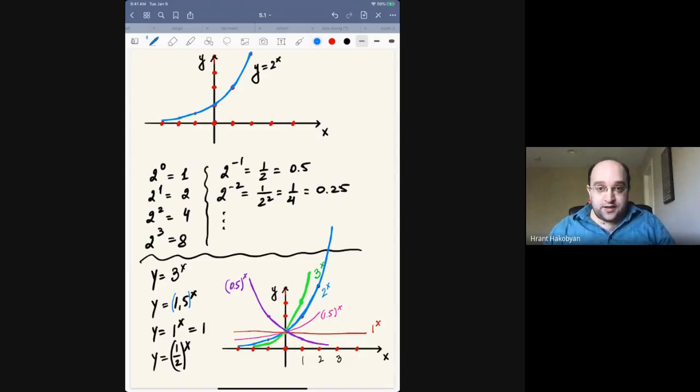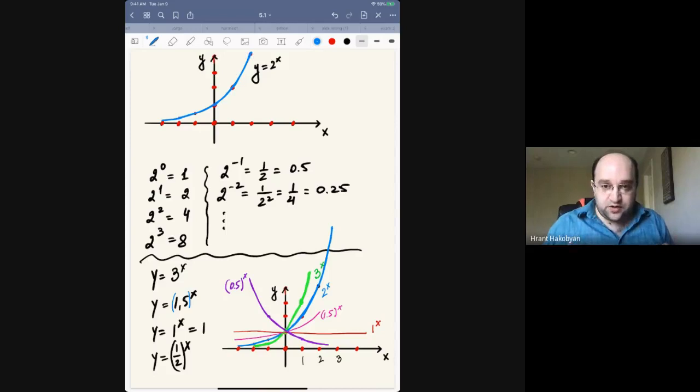For example, in the function 2 to the x, in every unit of time it doubles. If you've been following this coronavirus thing, it's about how much time it takes for something to double.